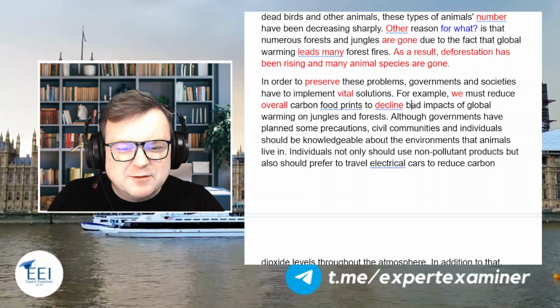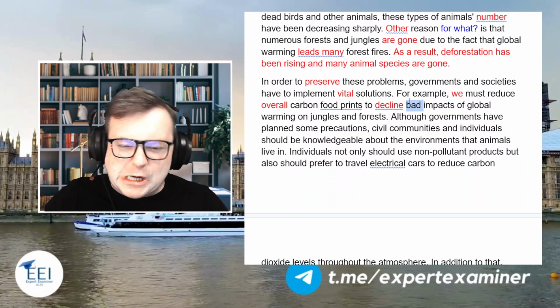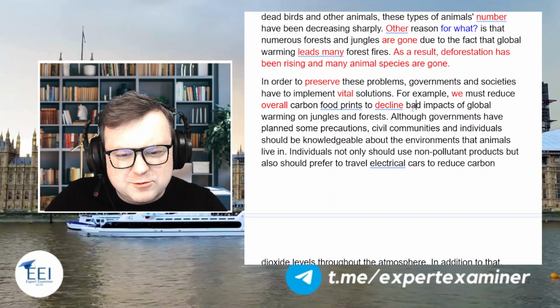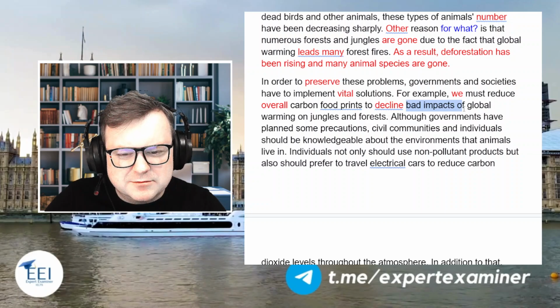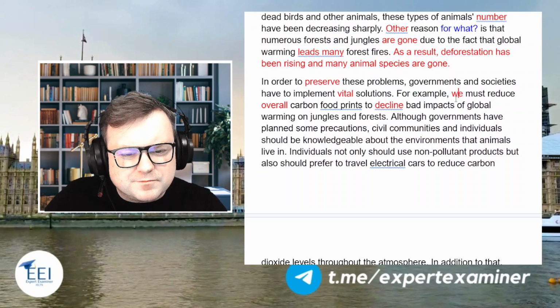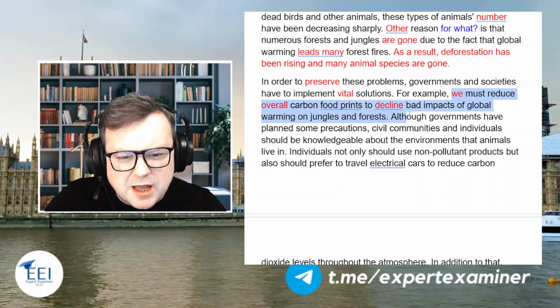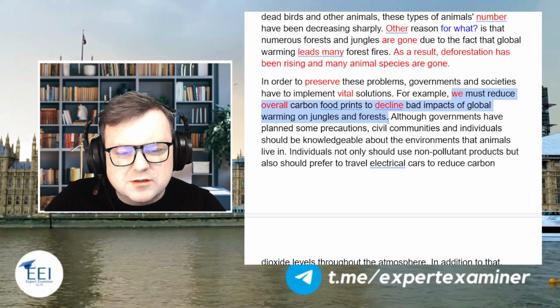So, okay, when candidates start using bad in academic writing, I feel like lexical resources a little bit lacking. Not a very wide range. Bad impacts of global warming. Okay, let's just read this again. For example, we must reduce overall carbon footprints to decline bad impacts of global warming on jungles and forests.